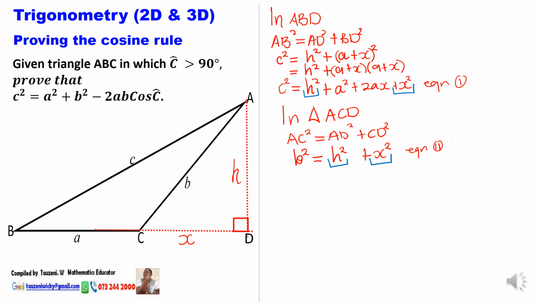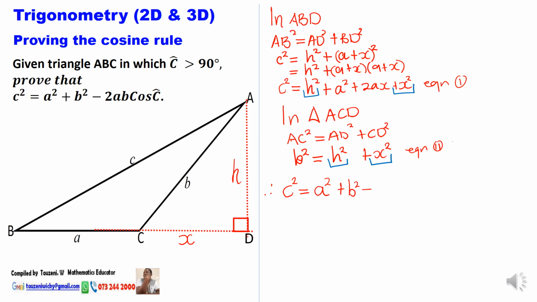So what we do now is that we go back to equation 1 and say, therefore, c squared is equal to, in our previous equation, we take out h squared and x squared and replace both of them with b squared, because we know that b squared alone is equal to h squared plus x squared.